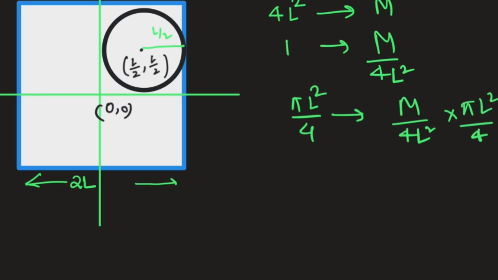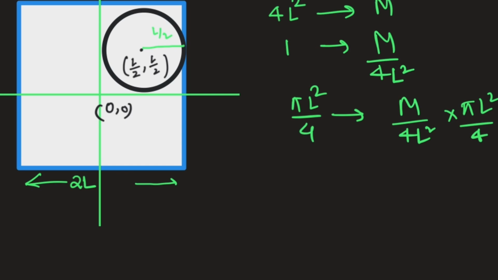The l square gets cancelled, so finally we get pi M divided by 16. This much mass we are removing.